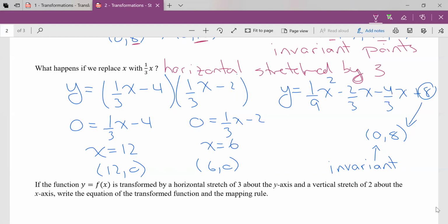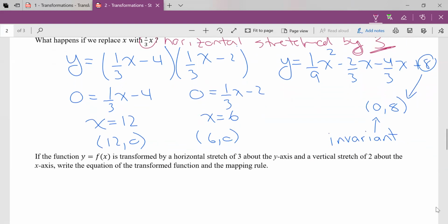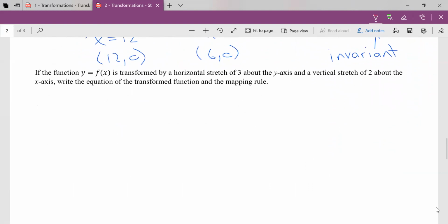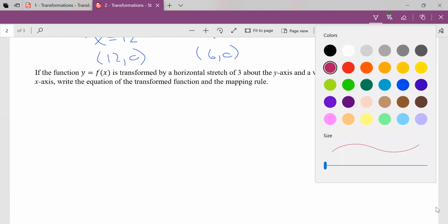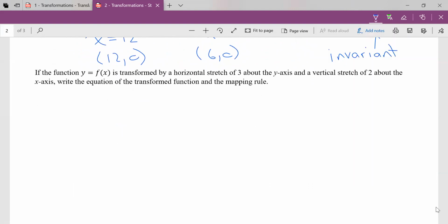Okay, I'm hoping you're already starting to pick up on a bit of a pattern between what I'm replacing with and what I'm actually stretching with. Let's keep building on this, and we'll get a little bit more formal each time. All right, what do we have here? If the function y is equal to f of x is transformed by a horizontal stretch of 3, and you notice here I've typed about the y-axis. We are always going to describe the axis we're stretching about.